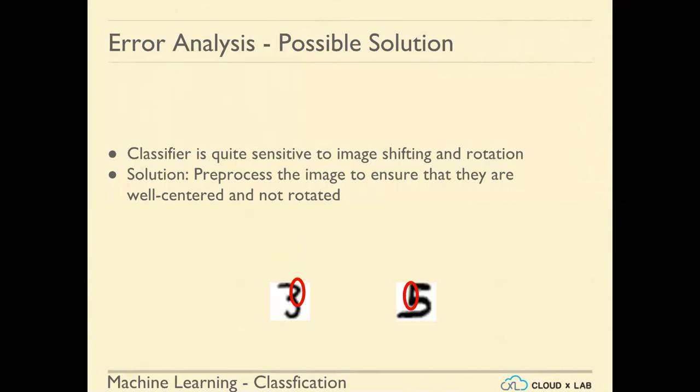That's pre-processing. The second thing we could do is assign different weights to each pixel and see the results. The third thing we could do is gather more data where the confusion is more, say for example the 8 and 9 case.